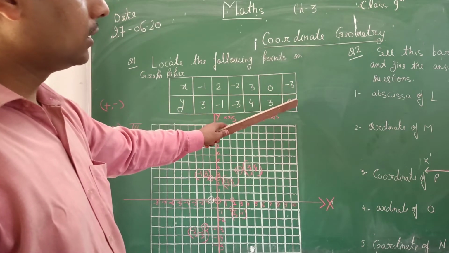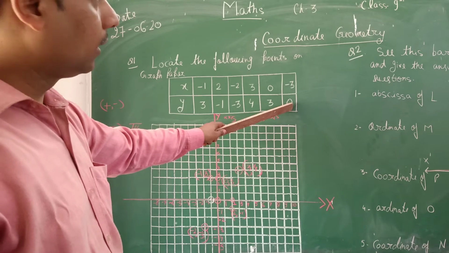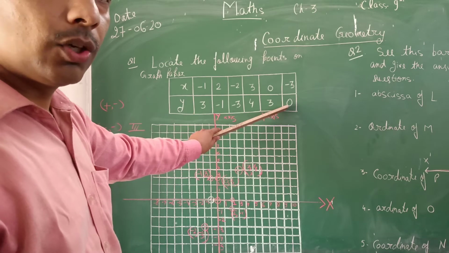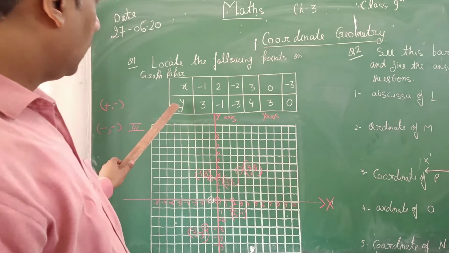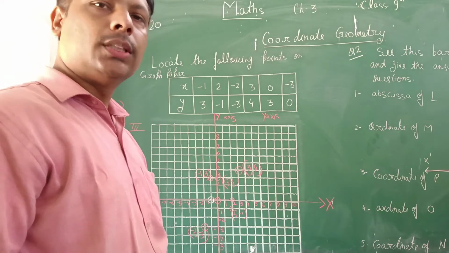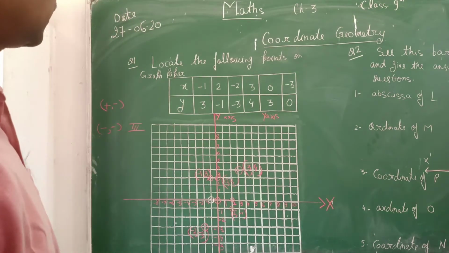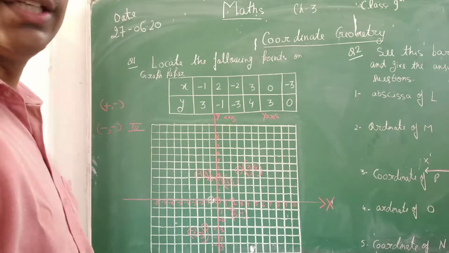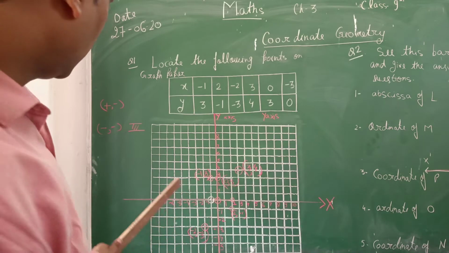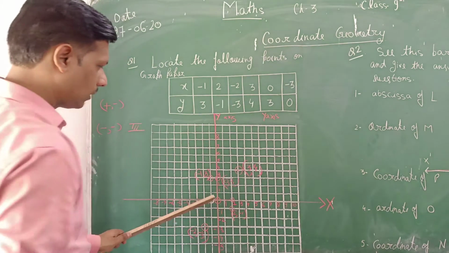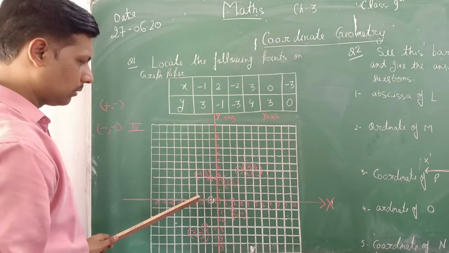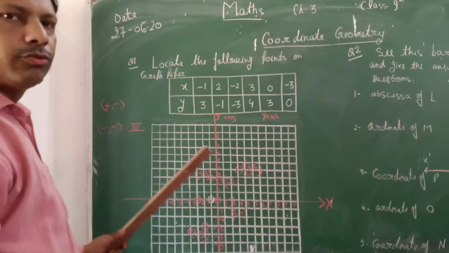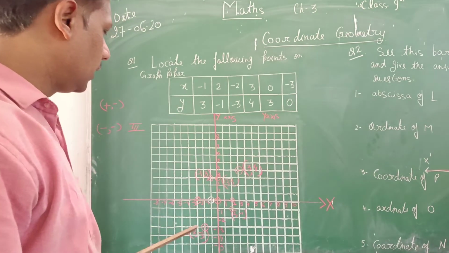Next, (-3, 0). The value of y is 0 here. So if the value of y is 0, then it lies on the x-axis. -3 should be on the left side of x: -1, -2, -3, and do not move in upward or downward direction.